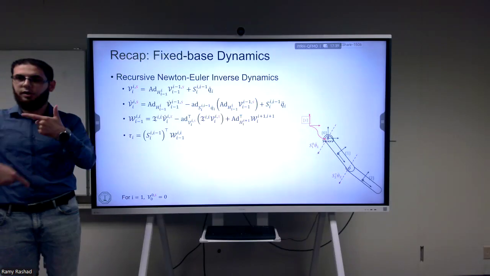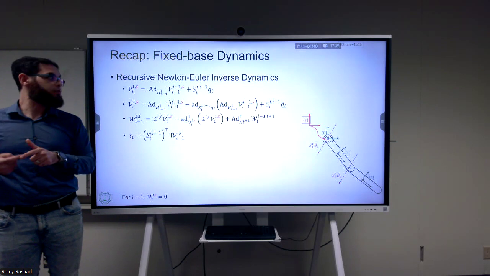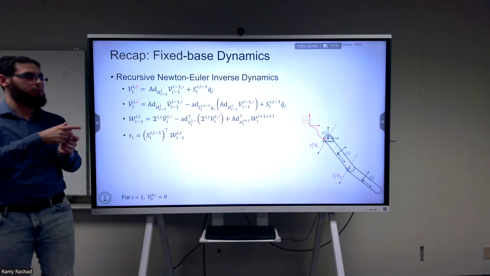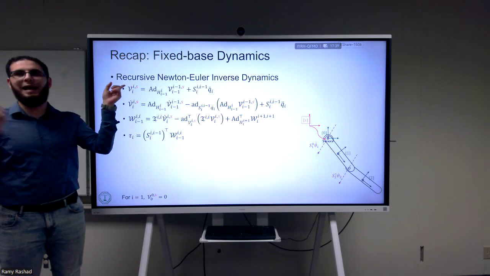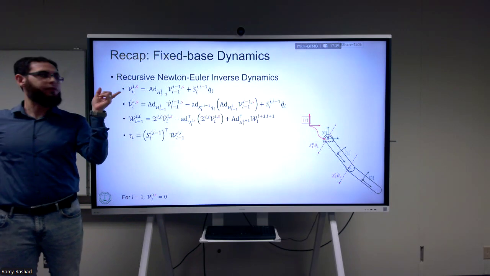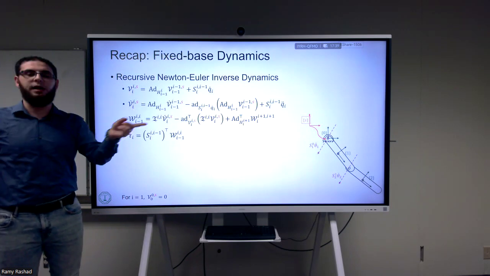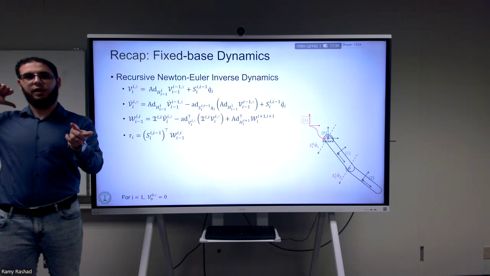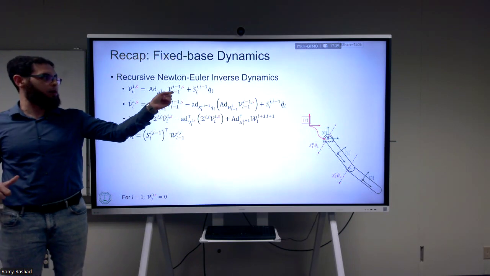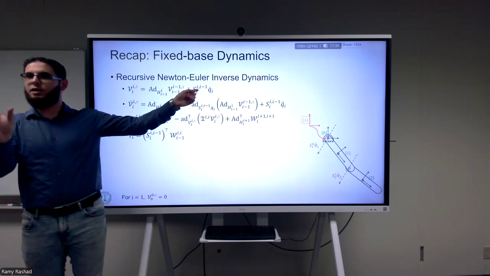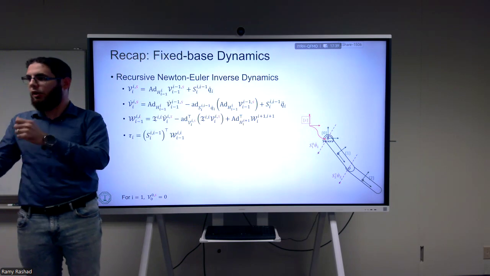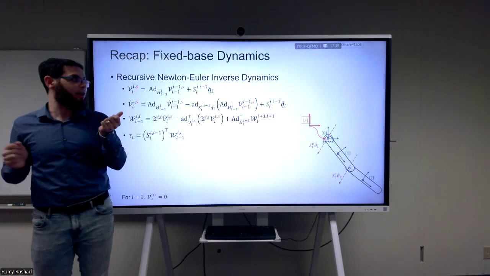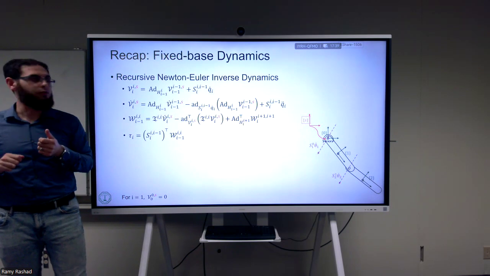We had a recursive way of writing the equations of motion because the ith twist with respect to the S frame, the fixed or stationary frame, can be expressed in terms of the twist of the link before, the I-1 link, and in between there was the Q dot, the relative angular velocity between both, or the relative joint velocity.